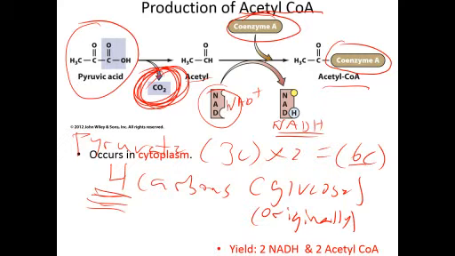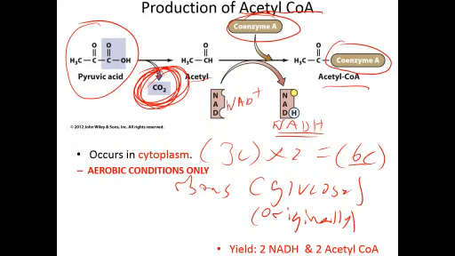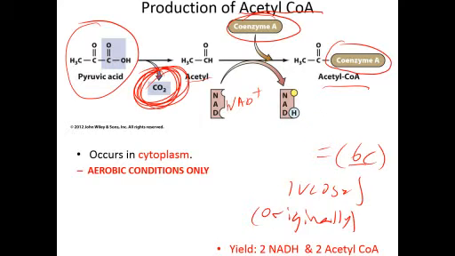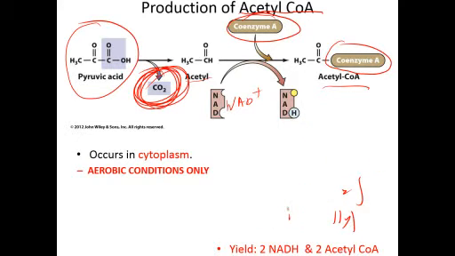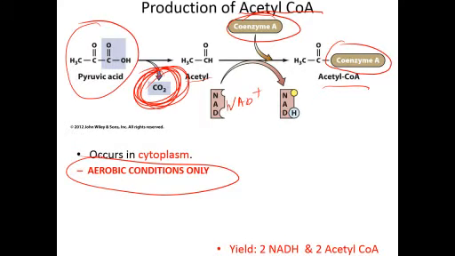This process is also going to occur in the cytoplasm. Now, one of the key things here is that this step, as compared to glycolysis, occurs only under aerobic conditions.